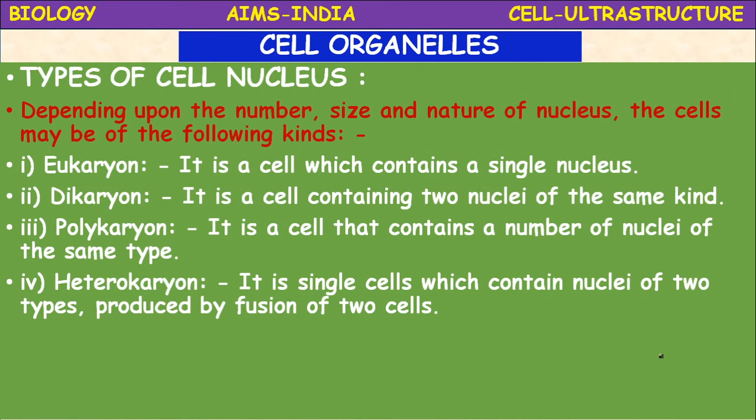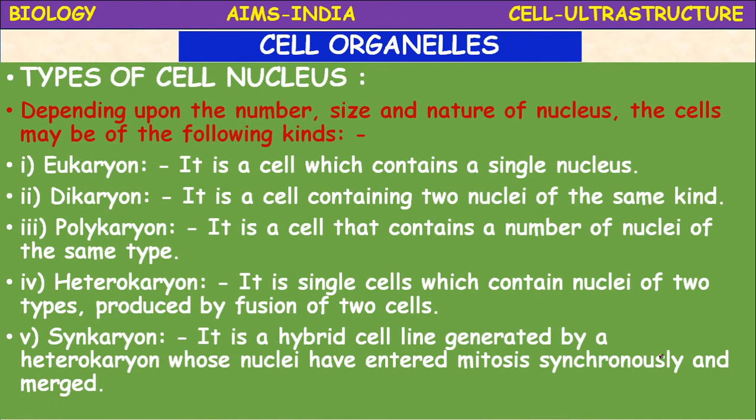Okay, a heterokaryon is a single cell which contains nuclei of two types produced by fusion of two cells. So such cells are called heterokaryotic cells.